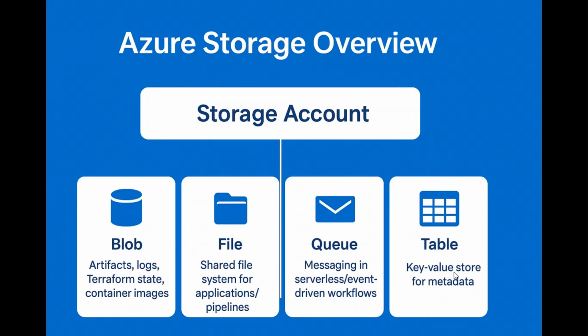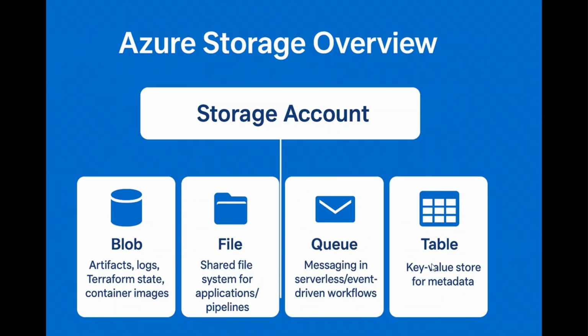Examples are metadata, config files, or some small data sets. Together, all these four services cover most DevOps storage needs, whether it is storing files, sharing across pipelines, handling events, or keeping metadata.